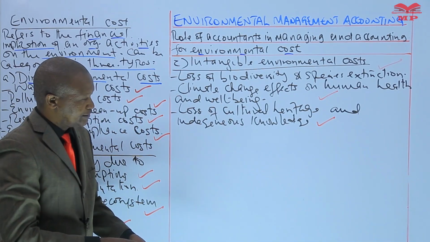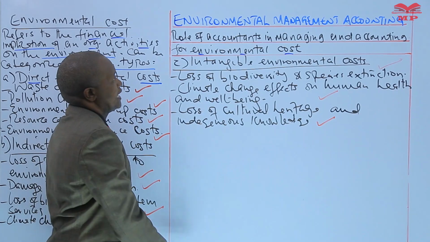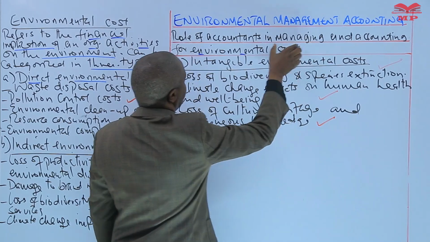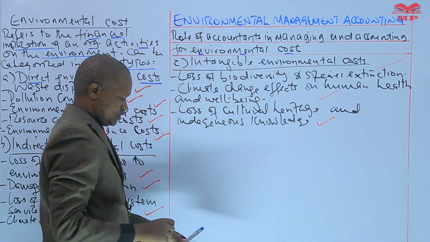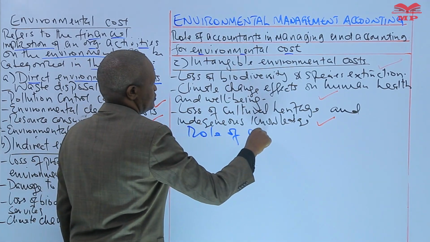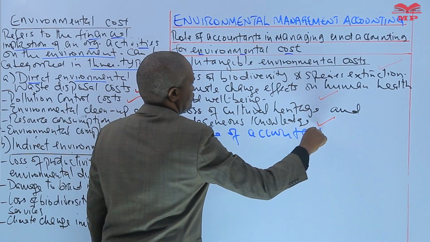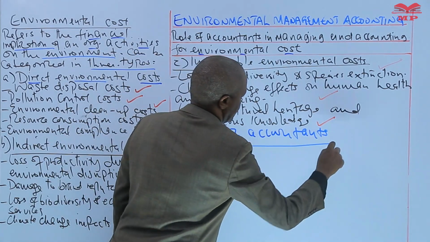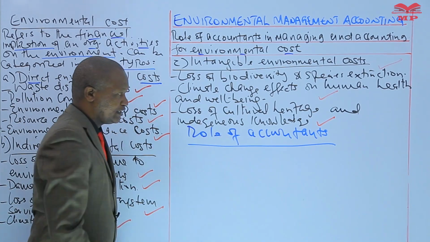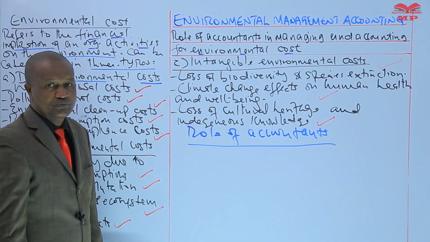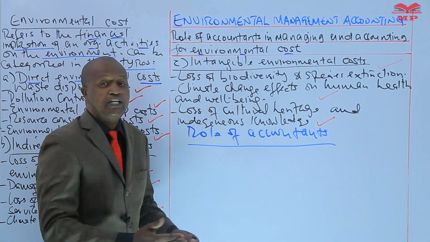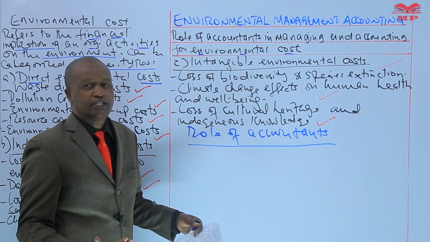Let's now study the role of accountants. What is the role of accountants in managing and accounting for these environmental costs? As you are going to see, candidates, accountants play a fundamental role in managing and accounting for environmental costs within their organizations.